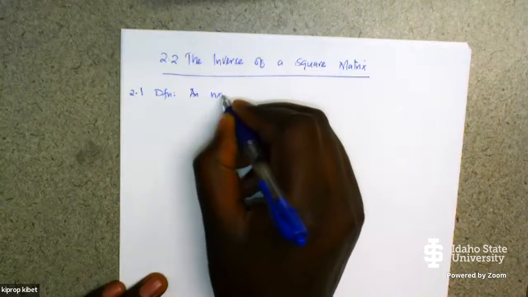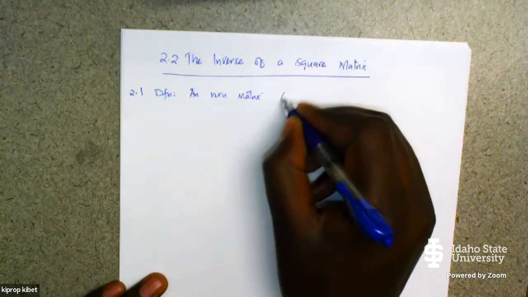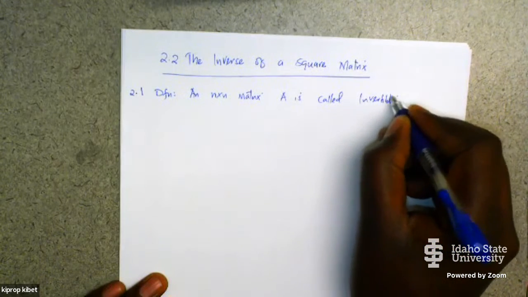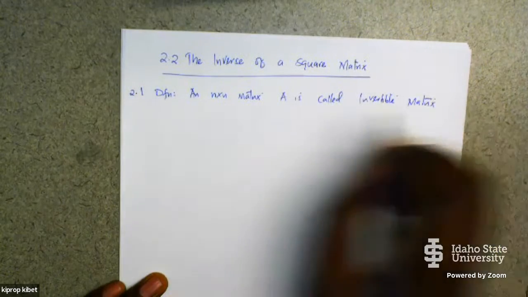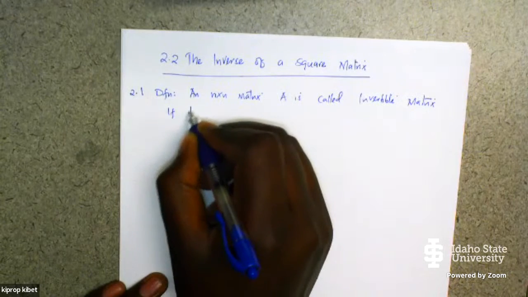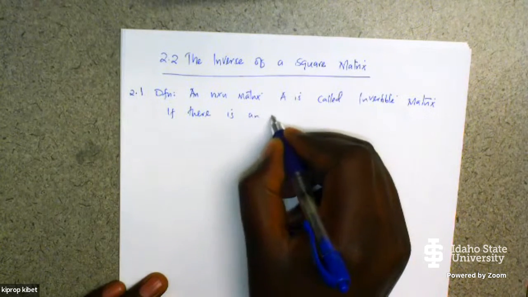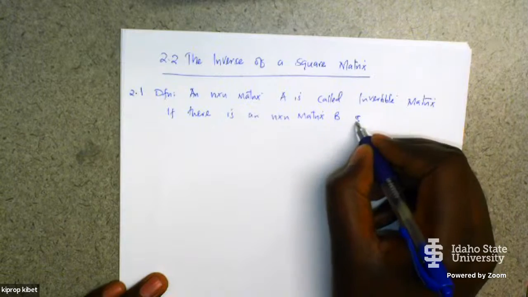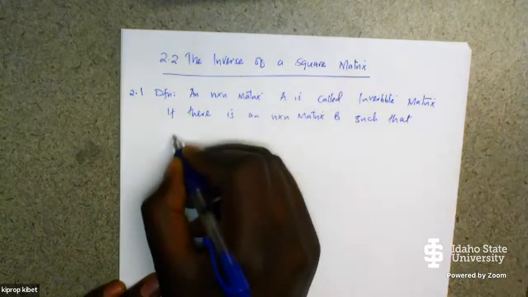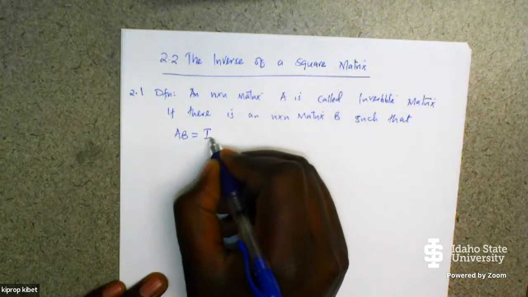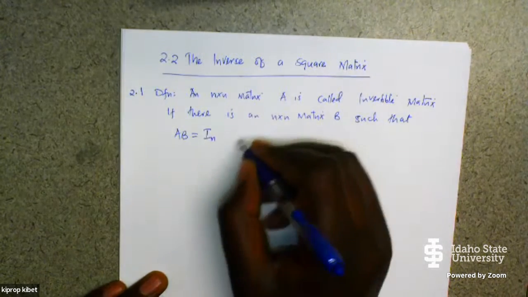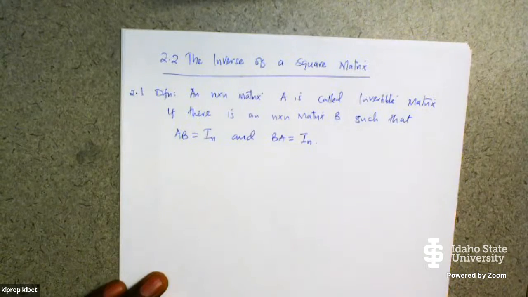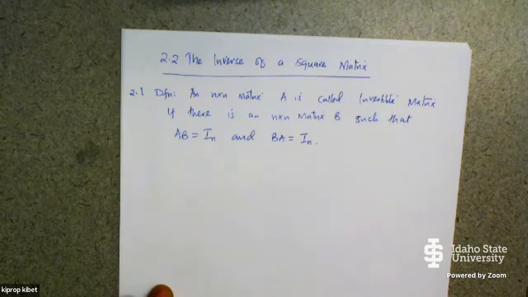An n by n matrix A is called an invertible matrix if there is an n by n matrix B such that AB equals In, and also BA equals In. In is the identity.